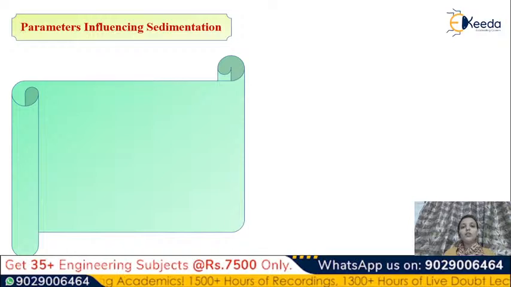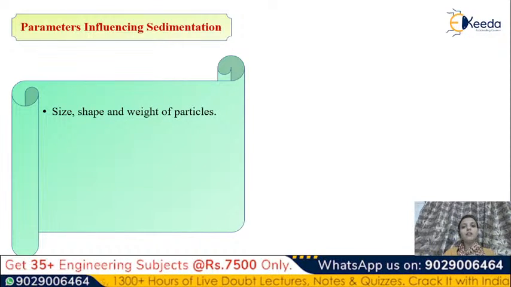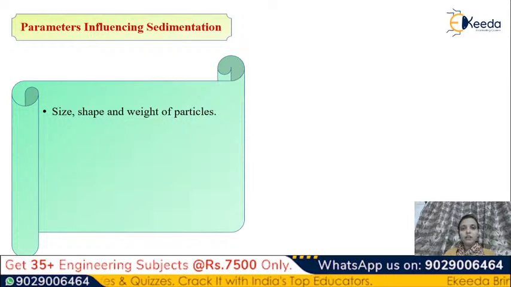Next important is what are the influencing parameters of the sedimentation process. There are different influencing parameters. Again, it is not such an easy process. All the sedimentation mechanism is based on the size of the particle, the shape of the particle, the hydraulic resistance of particles, the velocity of particles. So all are influencing factors.